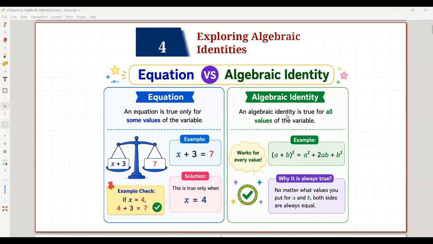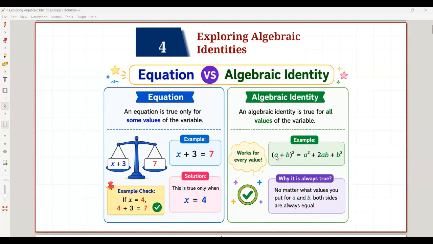But algebraic identities are true for all values of the variable. For example, this is the first identity we just learned: a plus b the whole square is equal to a square plus 2ab plus b square. If you take a is equal to 1, b is equal to 1, both left hand side and right hand side are equal.